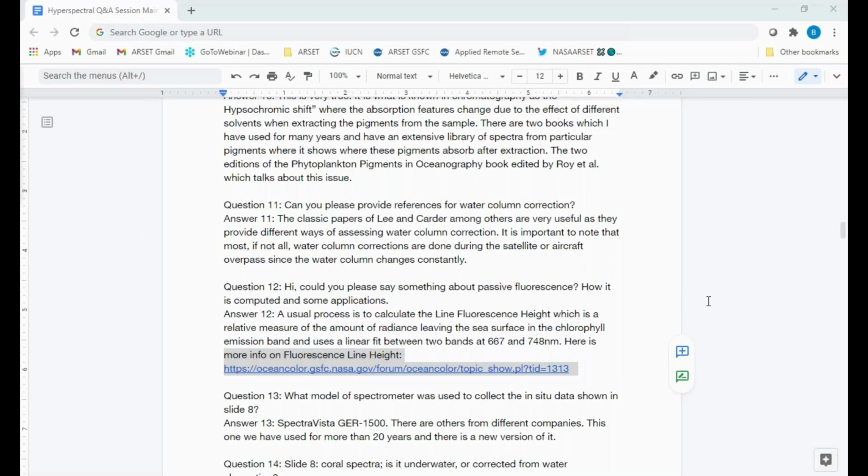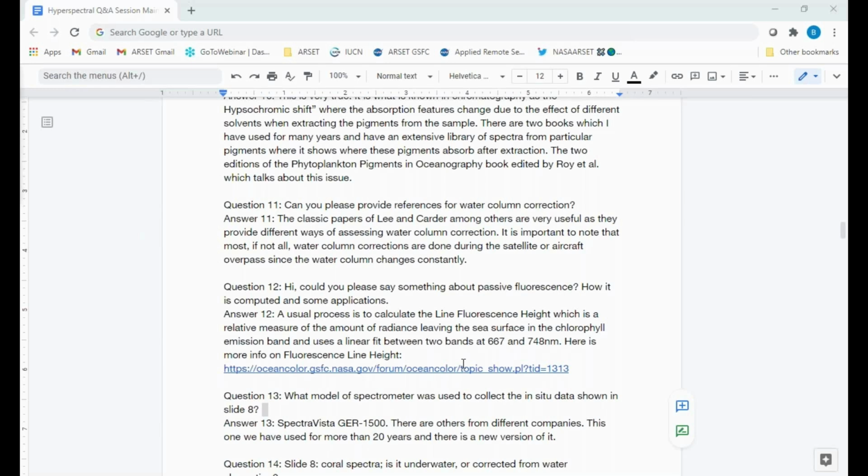Both atmospheric and water column corrections, and those are very useful, since they provide different ways of assessing water column correction, and they are very specific on the different features and different components of the water column that affect the light absorption.